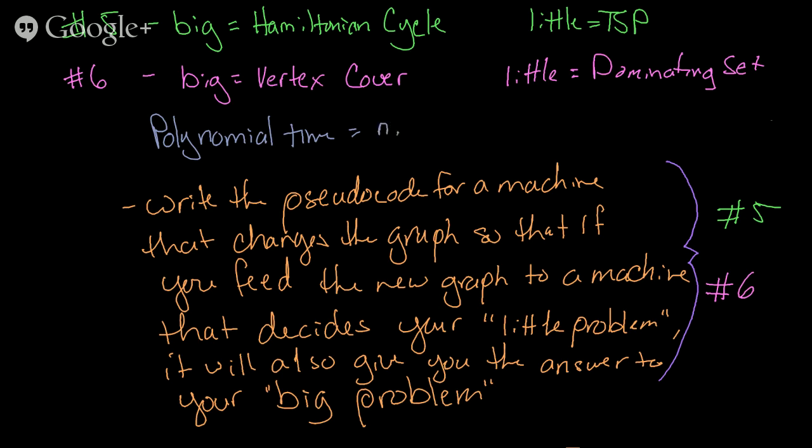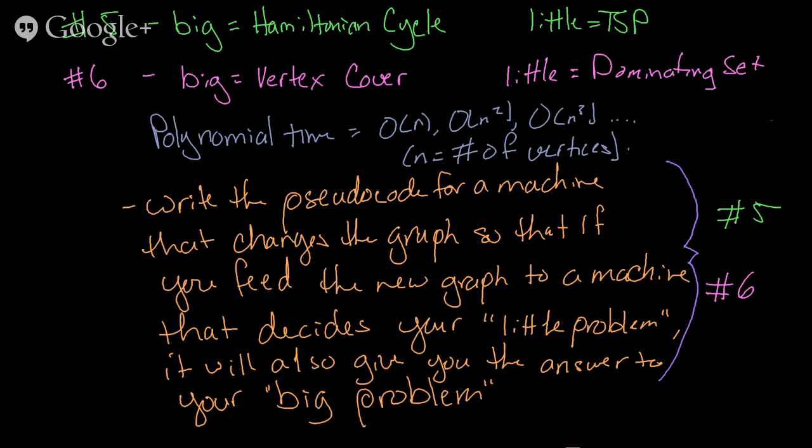So O of n, O of n squared, O of n cubed, etc. It's just some power of n. So you want to make sure that your pseudocode for the machines for number 5 and number 6 just runs in some polynomial time of n. Remember, n is the number of vertices in each graph.